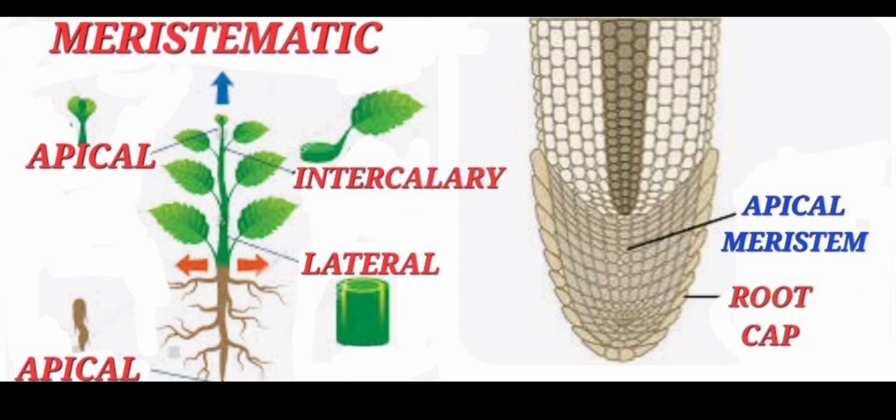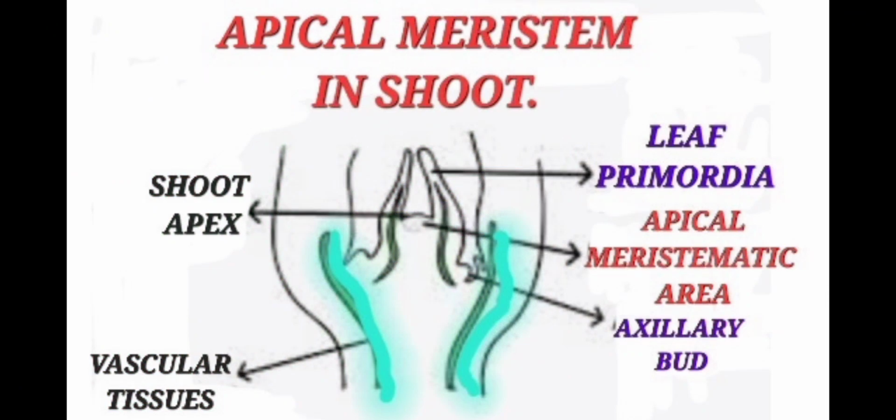Since the cells are actively dividing, they keep on adding new cells to the plant body, which either increases its height or its depth or the thickness of the parts of the plant body. The new cells that are produced are next transformed into mature permanent tissues.